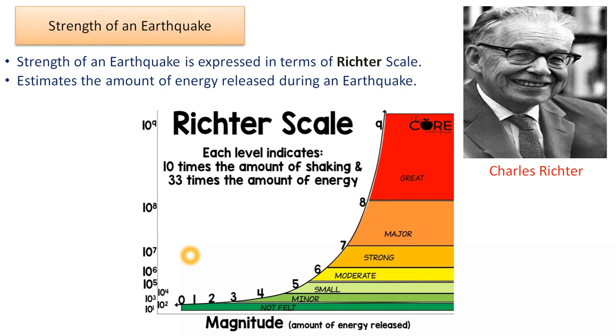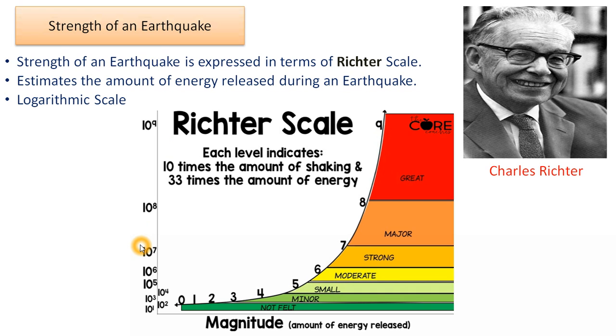So on the y-axis we take the amplitude, suppose x, and on the x-axis we take log base 10 of x, because here we use logarithmic values. That is why the Richter scale is also called a logarithmic scale.